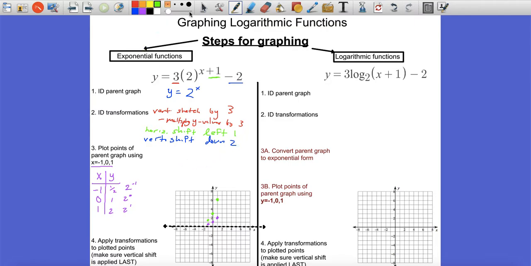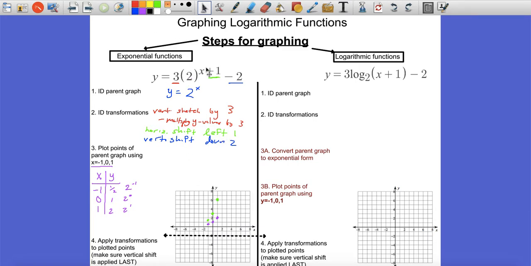So let's go ahead and move our asymptote down 2, because we know that's where our asymptote is going to end up, because moving it left and right doesn't do anything, but moving it up and down does. So we'll go down 2 for the asymptote. And for our final points, we're going to go left 1 and then down 2 for each one of these.